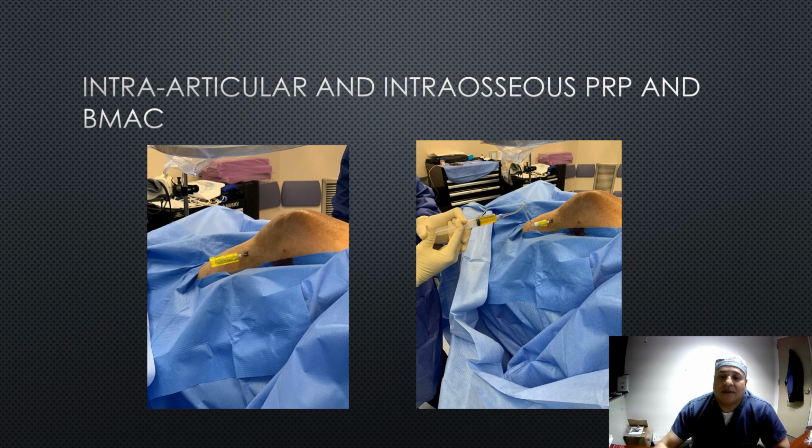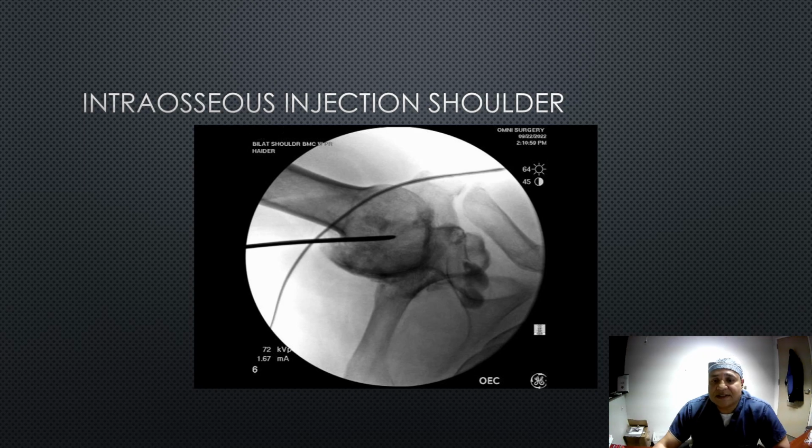This is showing a needle placed within the bone into the medial tibia, and then thereafter injection of bone marrow aspirate concentrate into the area. This is an example of intraosseous injection of a shoulder. In this case, this is a 57-year-old radiologist who presented to us with severe changes in the left shoulder joint.